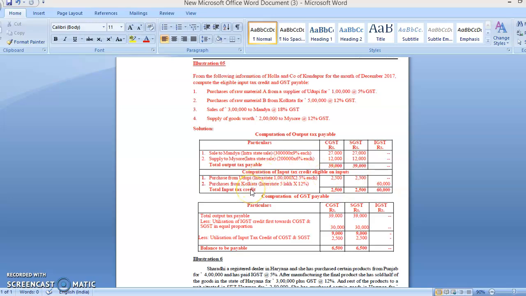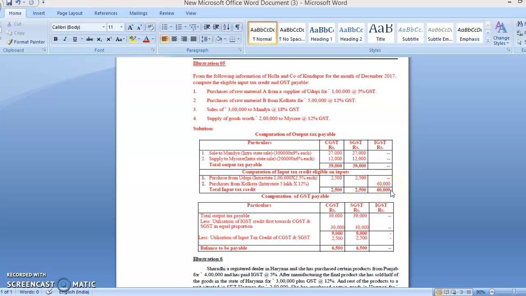Next, he has done the purchases from Kolkata, which is interstate. So IGST of 12% he has paid, that is on 5 lakh 12%, 60,000 IGST he has paid.